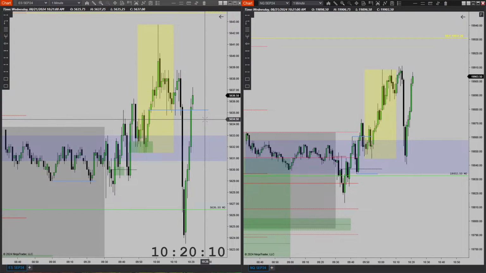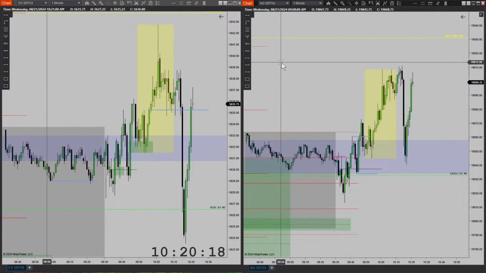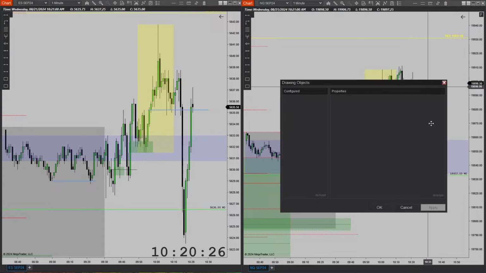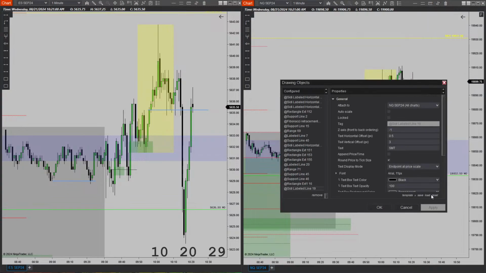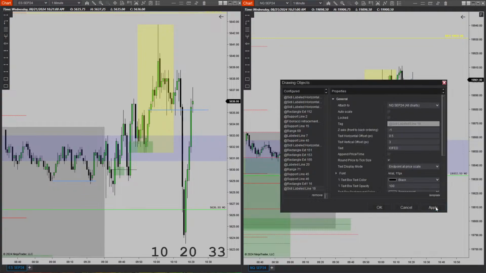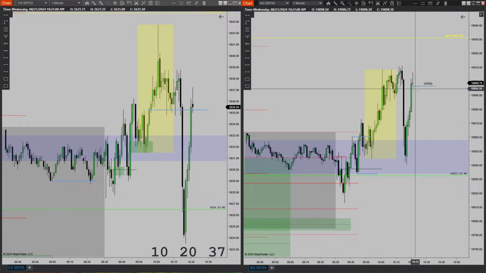Let's see here. Okay, so this may be the IOFE, whatever. I always get that mixed up. So with these types of entries, what you want to see is an immediate draw into here and an immediate move away from it.